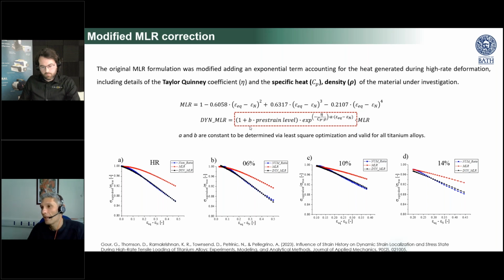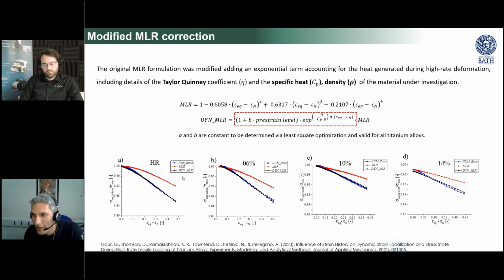And we control all these via two parameters, A and B, that are constants and need to be calibrated. We did this calibration using all levels of pre-strain, so as to take into account all the strain history, not only the monotonic experiment on pristine samples. And we found the optimal A and B parameters that could fit and reflect what happens in the experiment.